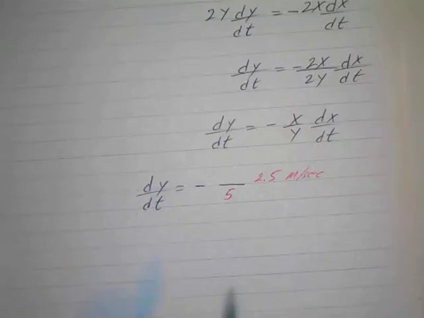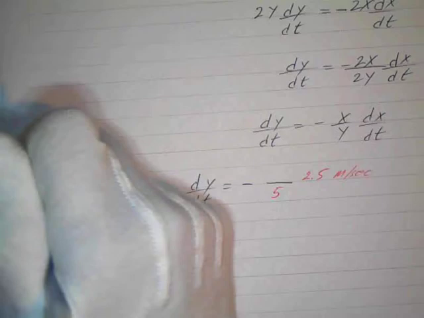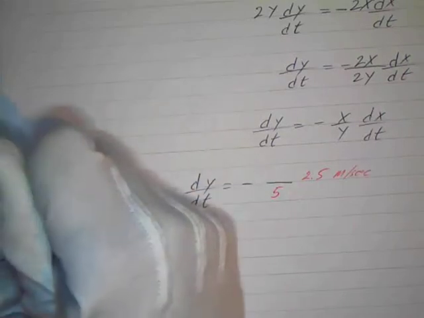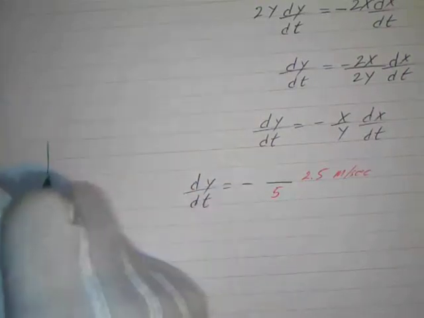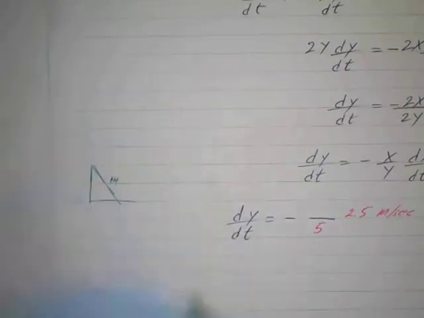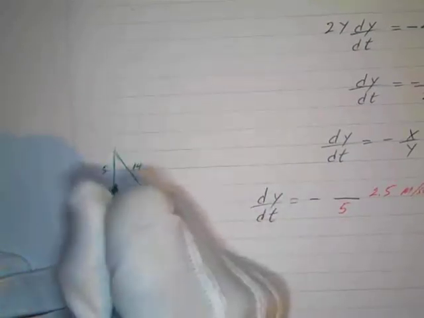Just make sure that you put them in the right place here. So I'll draw a right triangle because I know these numbers are always in this Pythagorean relationship. At that moment the ladder is again 14, and at that moment the y is 5. So we want to find out what x is.